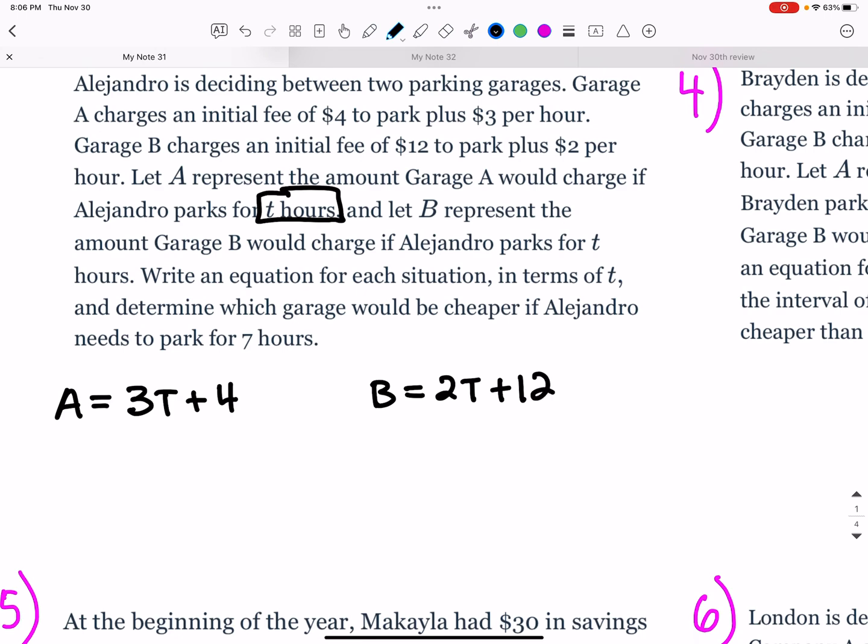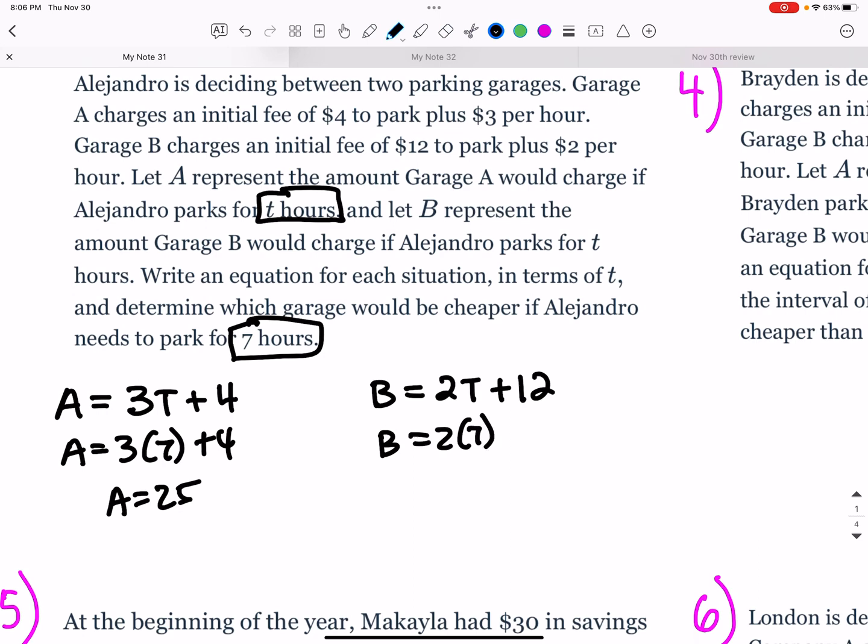They're not asking when they are equal, they're asking what would be cheaper for 7 hours, so just plug in 7. A is 3 times 7 plus 4, that's 21 plus 4, which is 25. B is 2 times 7 plus 12, that's 14 plus 12, so B equals 26. So after 7 hours, A is cheaper.